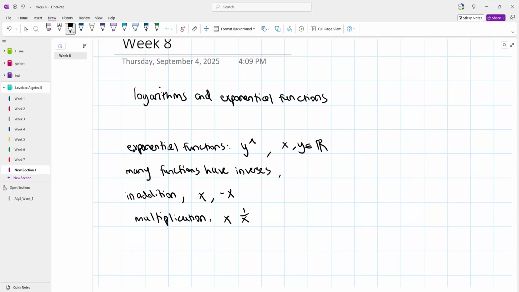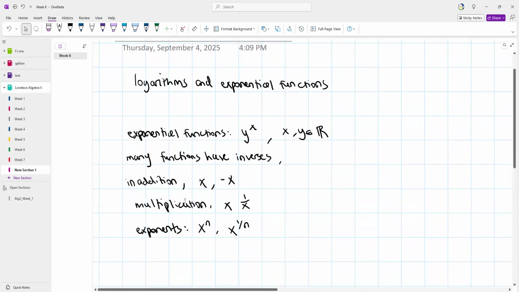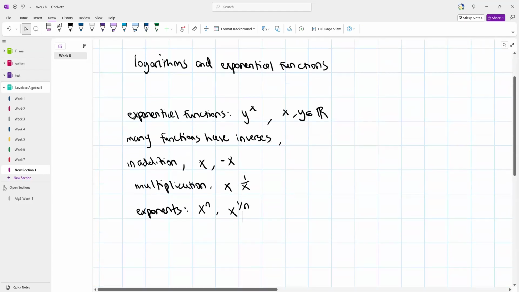And for example, exponents, you have maybe x to the power of n and the nth root, x to the power of 1 over n. And the thing about these inverses is that a lot of times the inverse function and the function are the exact same.